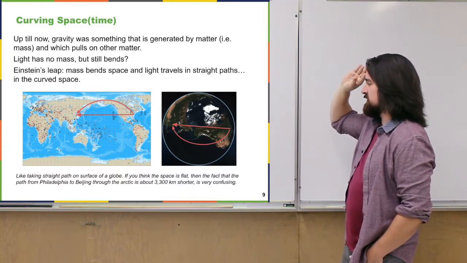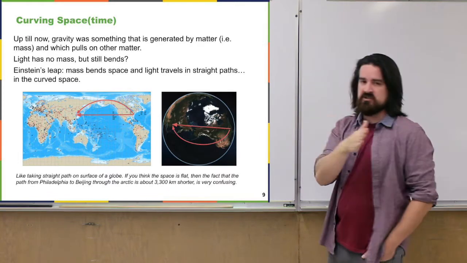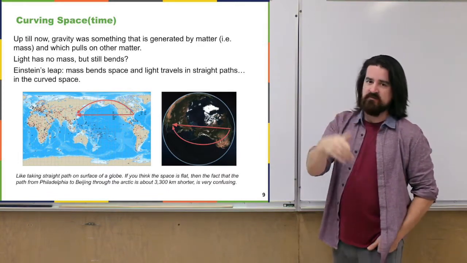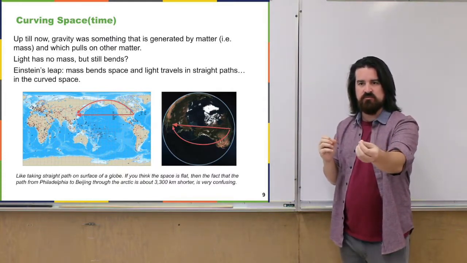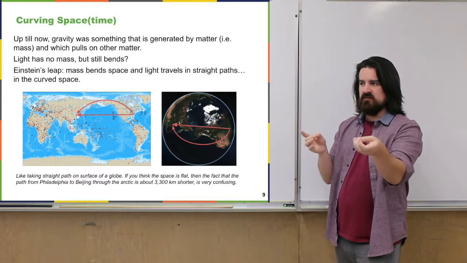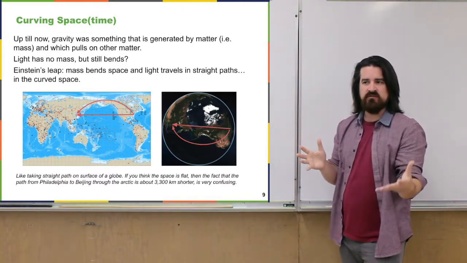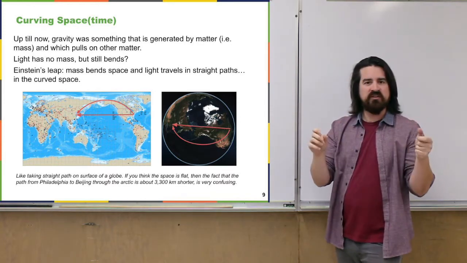So if you're thinking about something going straight, right, it doesn't change its direction. Well, the straight path is usually the shortest distance between 2 points. But if the space that that path is in is curved, then saying that it's straight can be a little bit confusing, right?